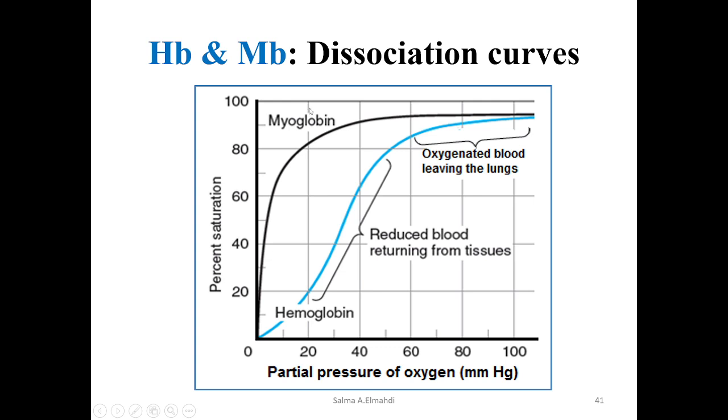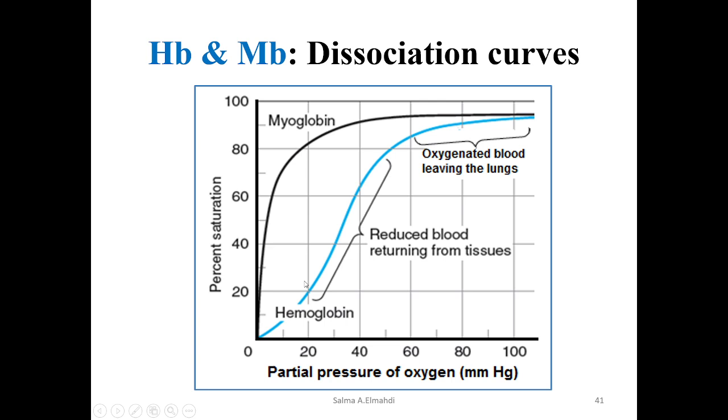So these are the two curves. The partial pressure is on the x-axis here in millimeters of mercury, and the y-axis represents percent saturation by oxygen of hemoglobin or myoglobin. In blue is the dissociation curve of hemoglobin, and in black is the dissociation curve of myoglobin.